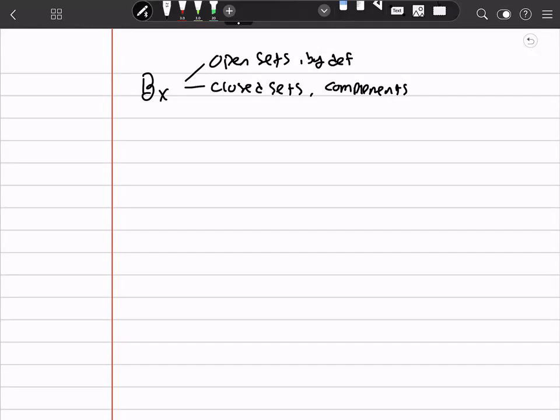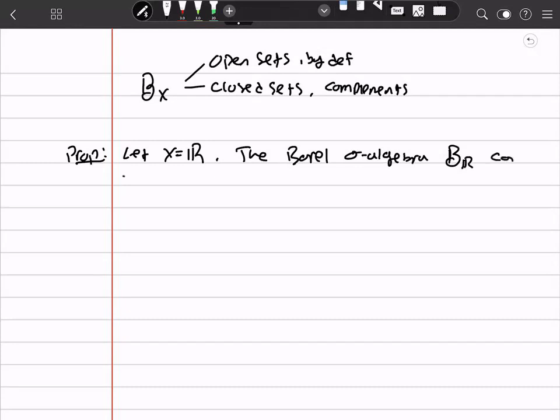So let's say we're just looking at R. So we're going to let X be equal to R. Then the Borel sigma algebra, so this is B_R, can be generated by each of the following.